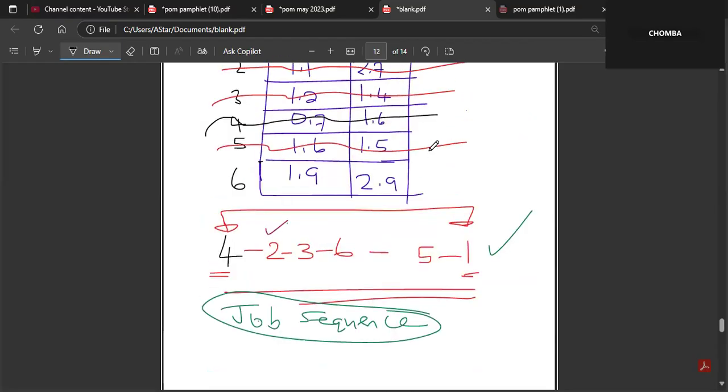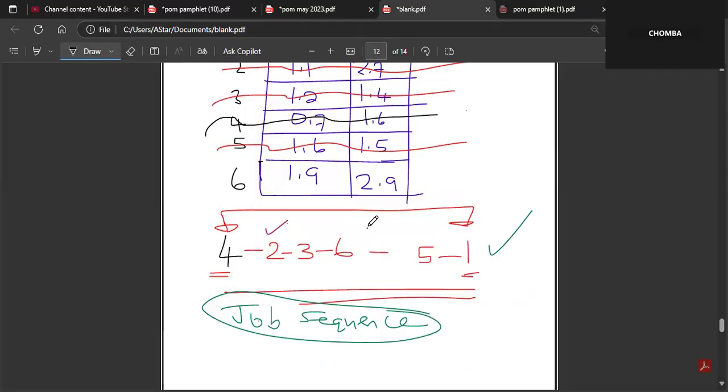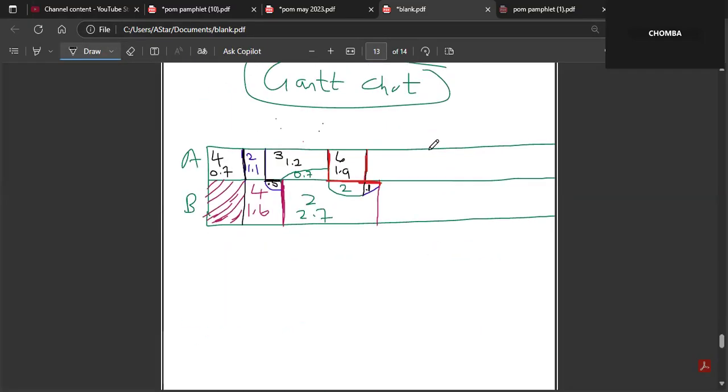Job 5 is taking how many hours? 1.6. Okay? Job 5 is taking 1.6, so here you will come and say job 5, 1.6. So this one, they'll be taking 1.5 hours longer. Why am I subtracting?